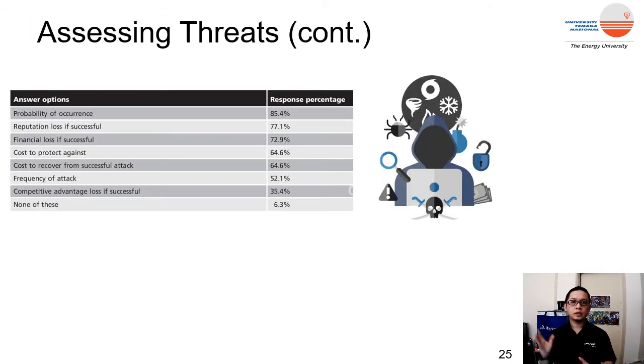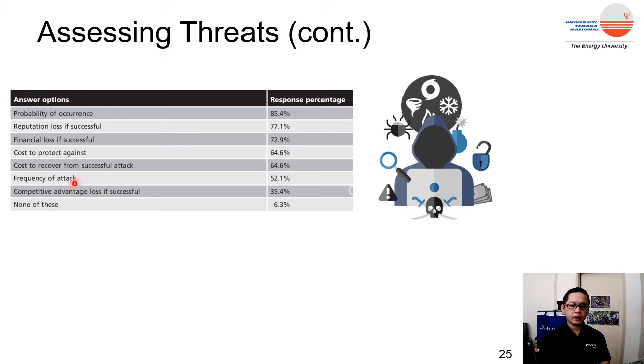This is an example of a response in terms of percentage after you properly assess with your team in terms of probability or the occurrence of those threats. For example, probability of occurrence, you give it a rating of 85.4%. The reputation loss, if successful, is 77%. The cost to protect, 64%.